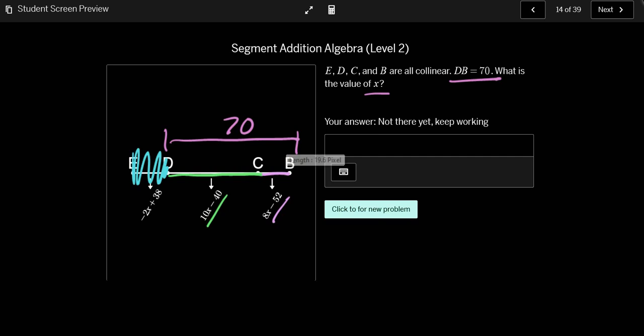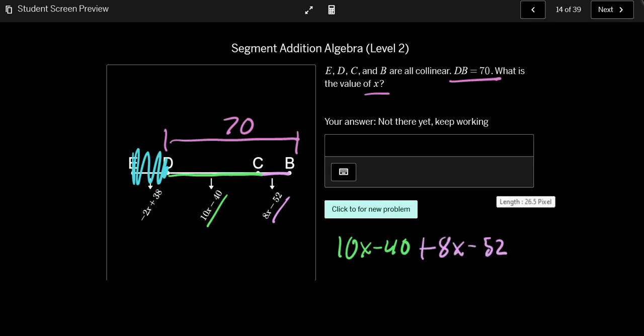So if I take those 2 parts and I add them together, 10x minus 40 plus 8x minus 52, then it has to equal my overall distance of 70 from D to B. And so just like the last problem, combine like terms, get x by itself. So I get 18x minus 92 is equal to 70.